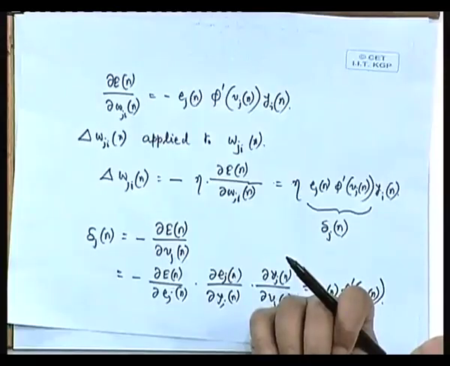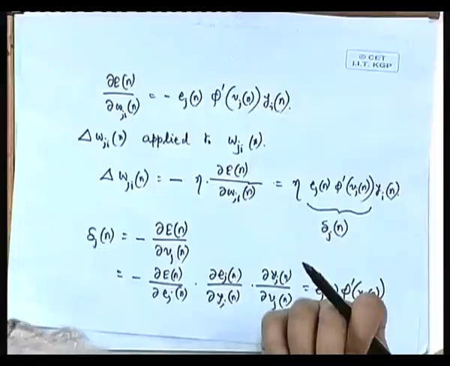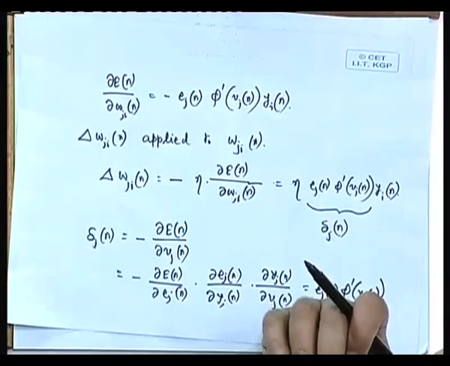Error is easy to calculate because we will be feeding the training pattern where we will be giving the desired output, d_j(n) will be known to us. We will be obtaining y_j(n) from the network. So calculating e_j(n) is not a problem, and we know what kind of activation function we are using. So we just have to take the derivative of that activation function, and then we can calculate the local gradient. So calculating the local gradient for the output neuron is not a problem. Okay. It is quite easy.